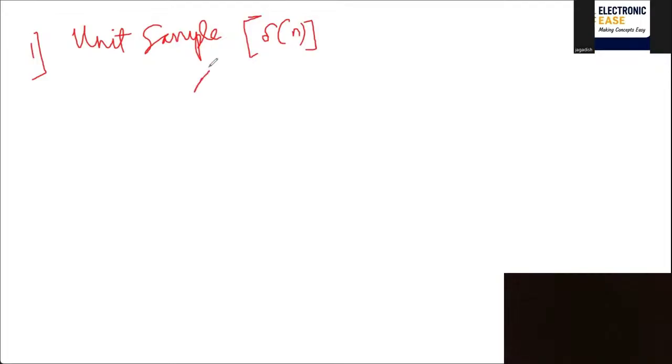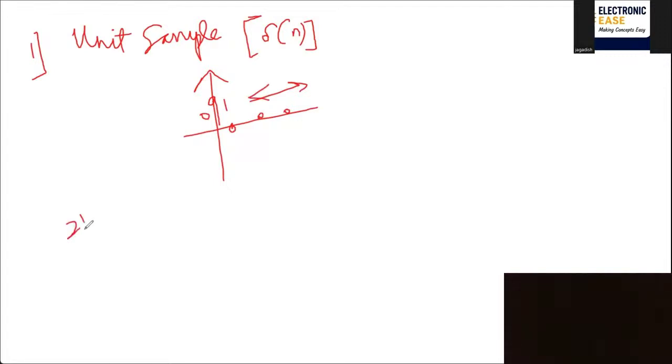So there are totally five signals. First one is unit sample, which is called del of n. Here, just for 0, you will have the amplitude as 1. For the remaining values, the amplitude is 0.